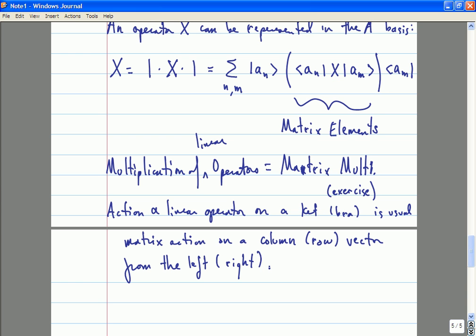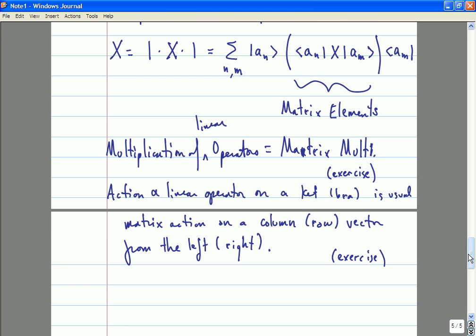And that, of course, is also an exercise. It's actually worth going through all of this. Reminding yourself why matrix multiplication is the same thing as the multiplication of operators as we have defined it is a useful exercise.